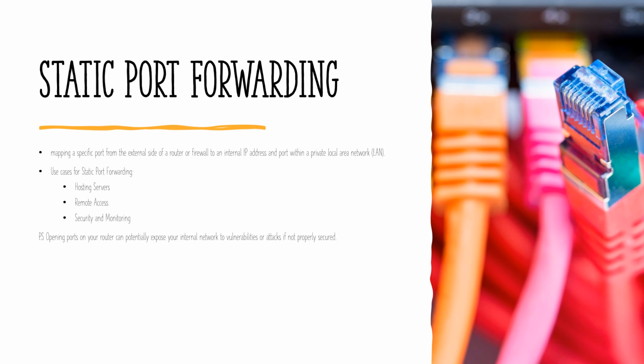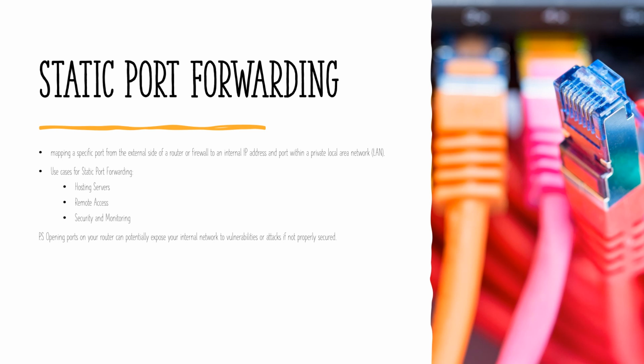Imagine you have a web server running on a computer within your LAN, which is behind a router. The server is set up to listen for incoming connections on port 80, the standard port for HTTP traffic. That's port 80. However, from the outside world, this server is unreachable directly because of the router acting as a barrier.